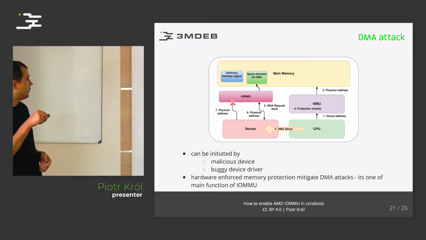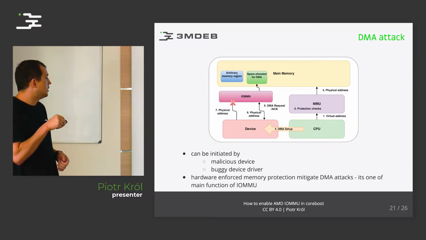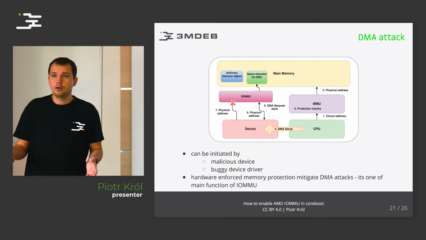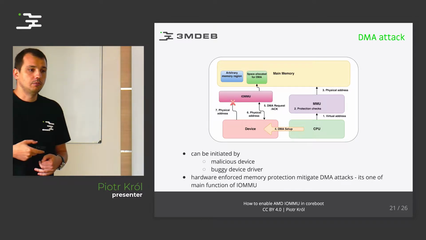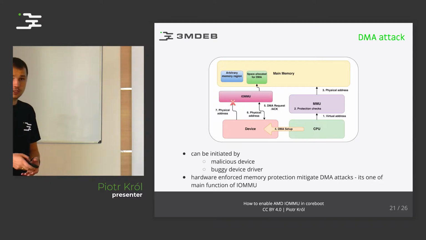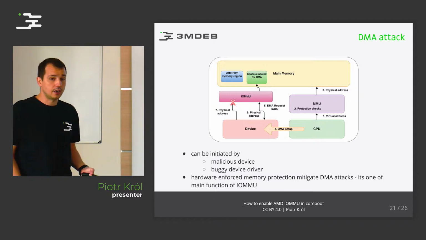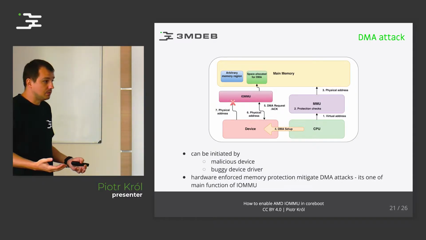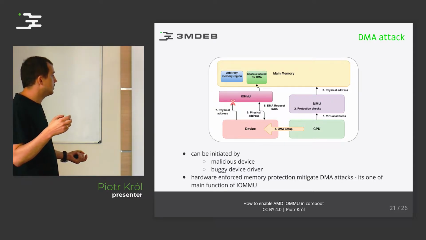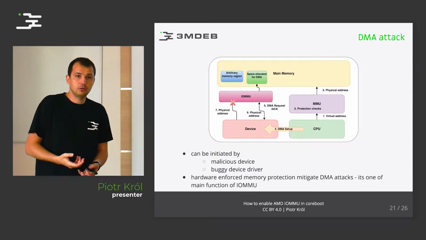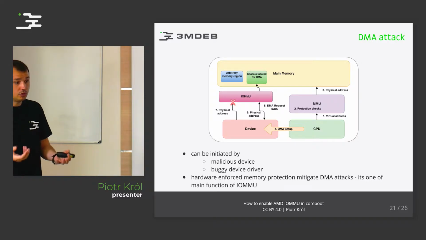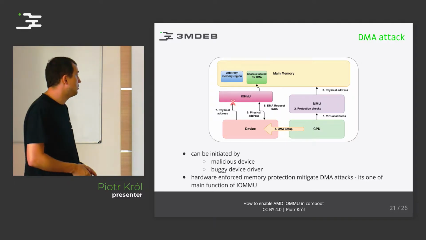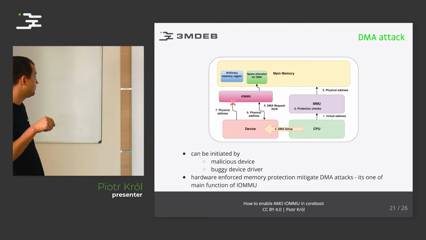So what we are afraid of in this situation, we typically are afraid of malicious devices that come from offshore company, malicious devices that have firmware, for example, our Wi-Fi cards, Bluetooth cards, USB even sometimes have some firmware which can be configured by a malicious actor to access some memory in our PC.